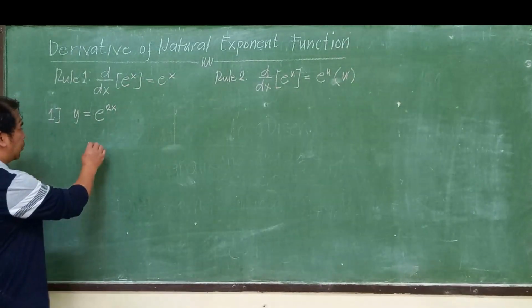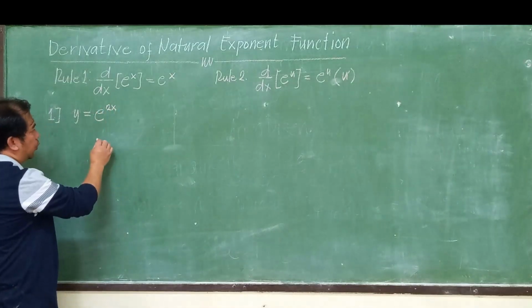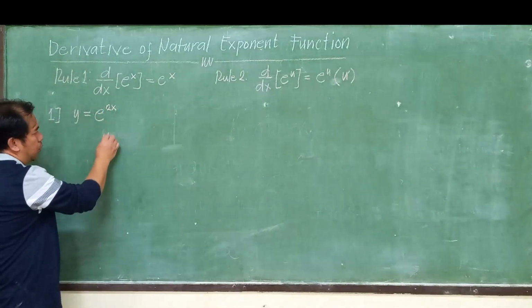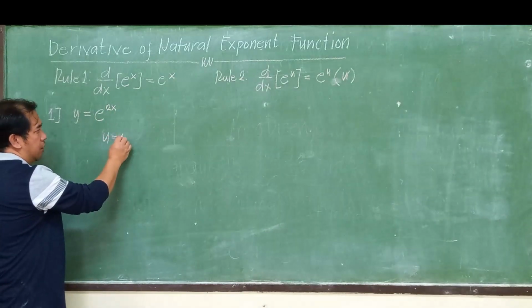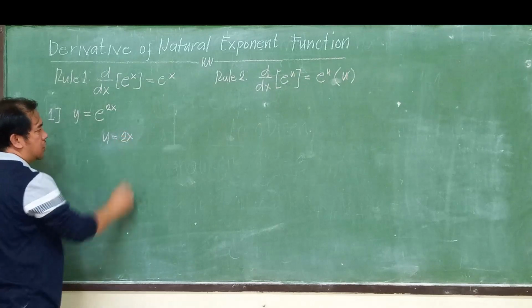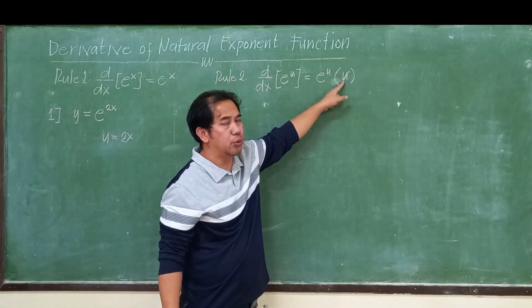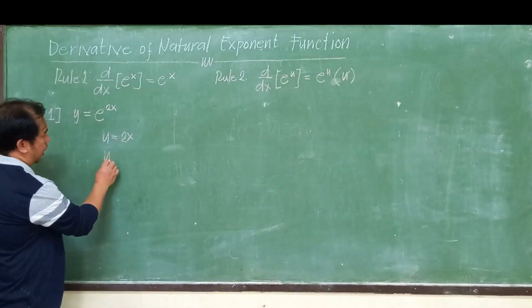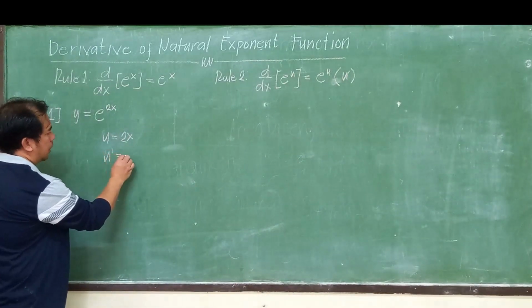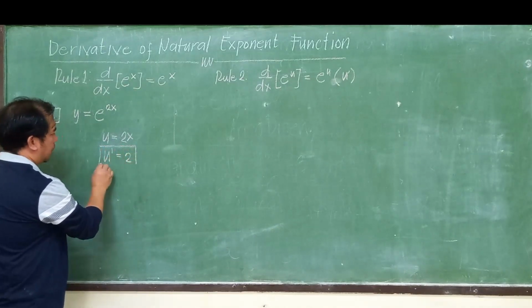So for us to apply rule number 1 and rule number 2, u is the same as 2x. Notice that we have to get the derivative of u. So what is the derivative of u? Your u prime must be 2. So that is the derivative of u.